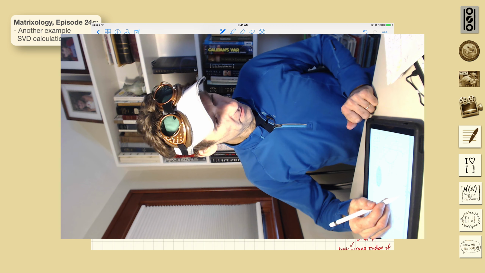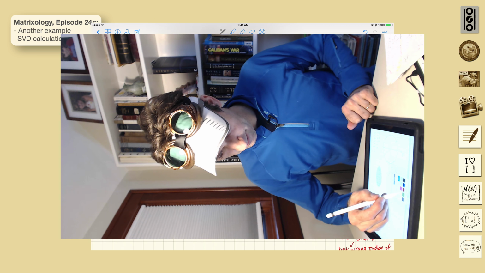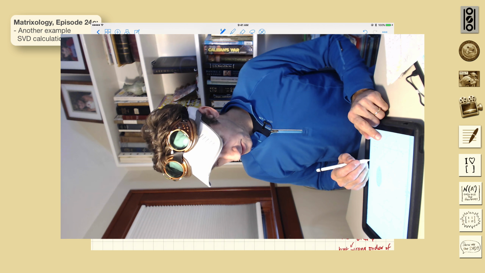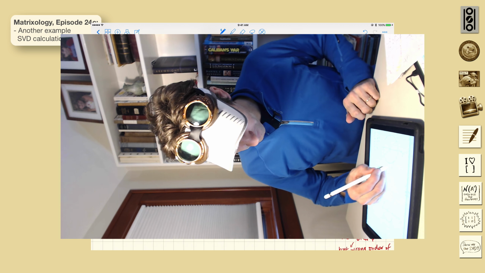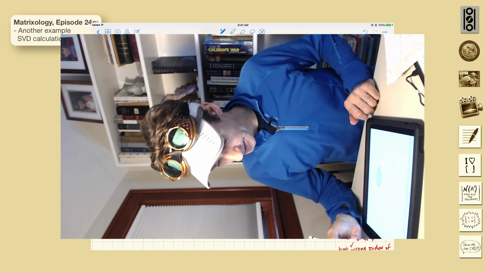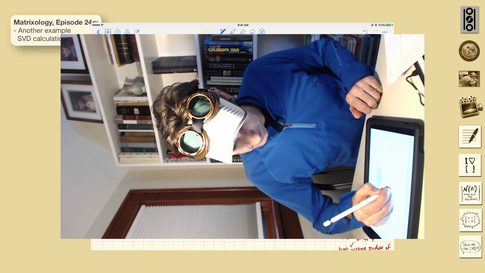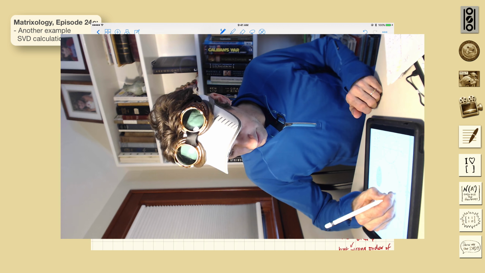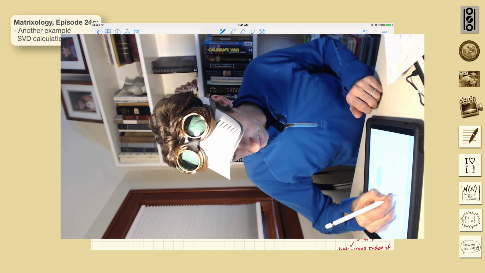So what happens when we map these two pieces? So 3, 4 goes to 1, 1. So that is, A times V1 equals the square root of 8 times U1.